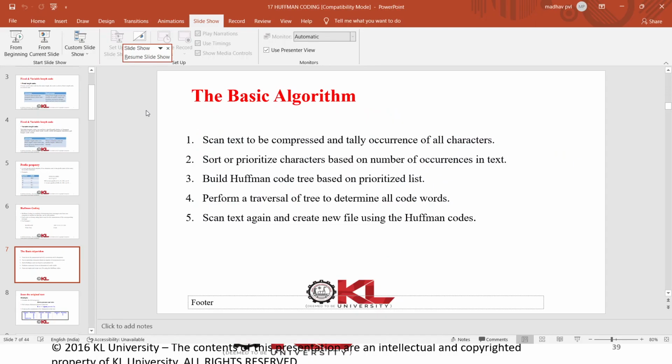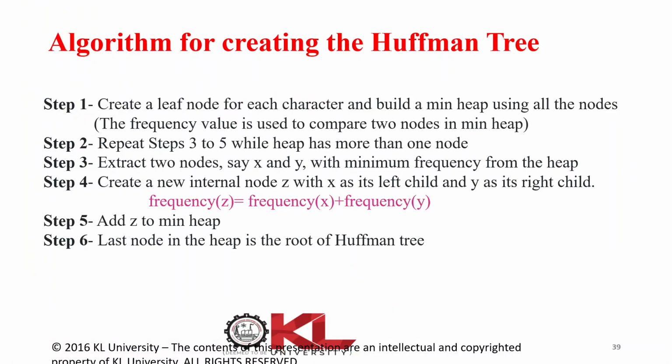So I will now discuss the algorithm. We need to create leaf nodes, and we need to use recursion, and we need to add the minimum frequencies. After adding the minimum frequencies, we need to attach them towards the right child, and we need to repeat these 3 and 4 steps until we get the final big tree.